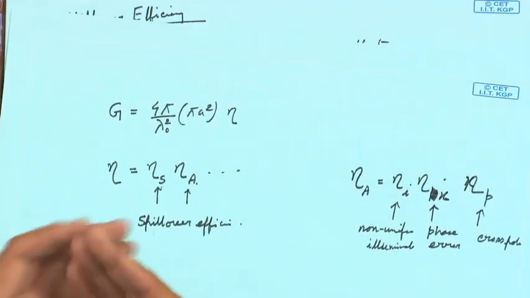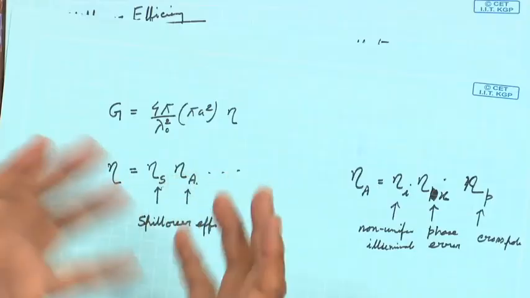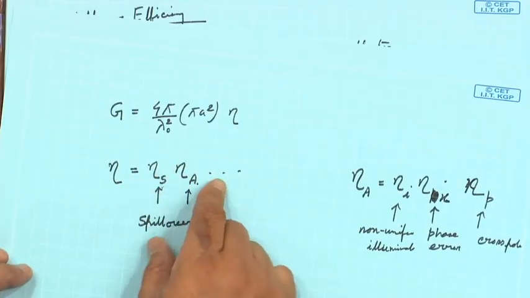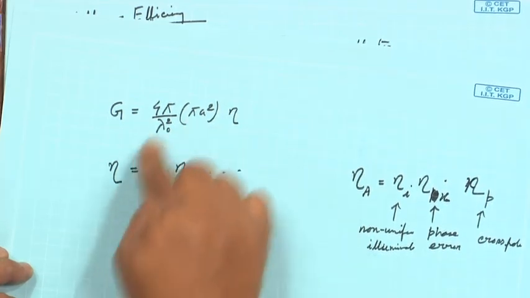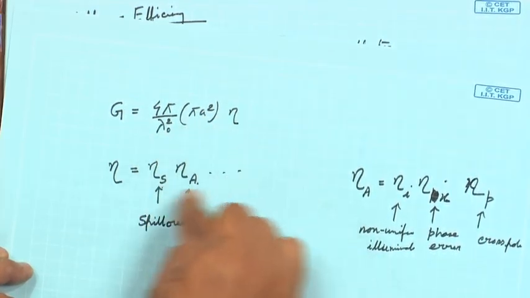That I said earlier, that the best possible illumination was that sec to the power 4 theta by 2, but that gives a lot of spillover. So, these two are coupled and one affects the other. So, that is why we will jointly maximize these.